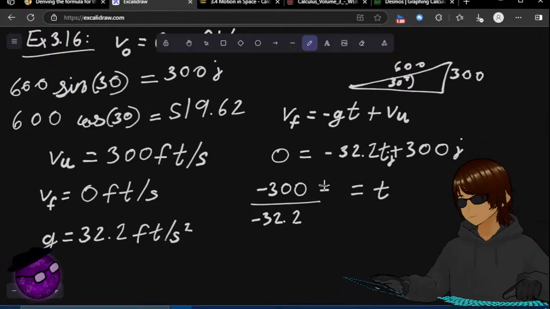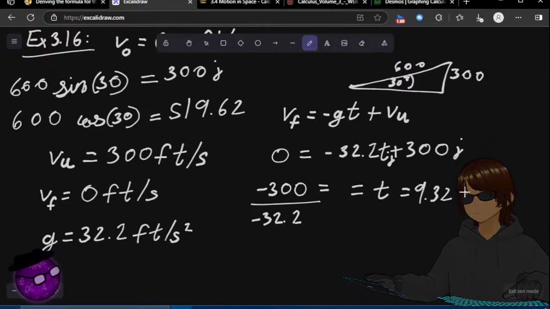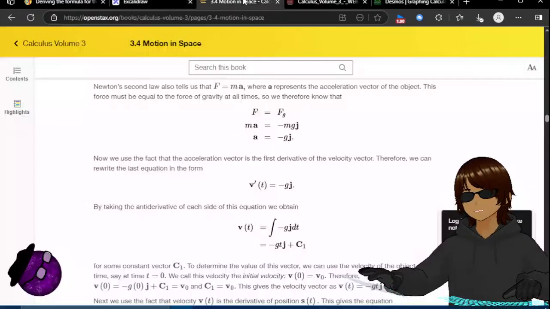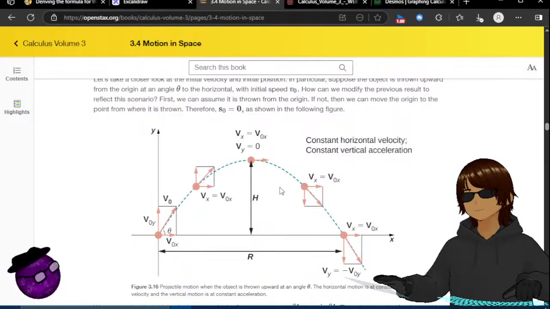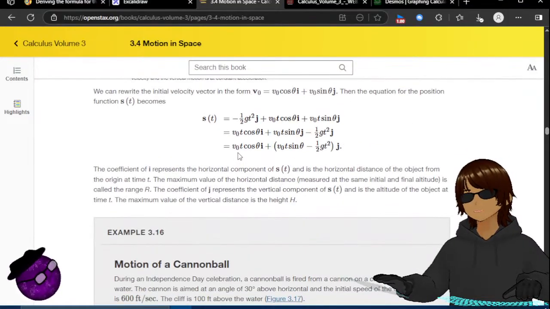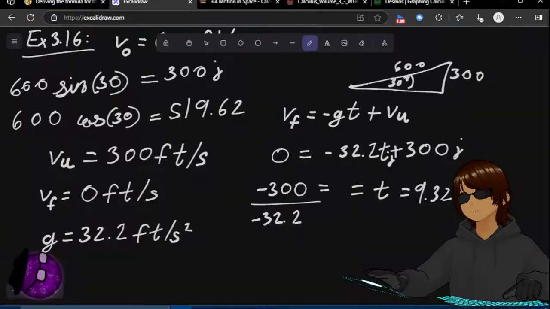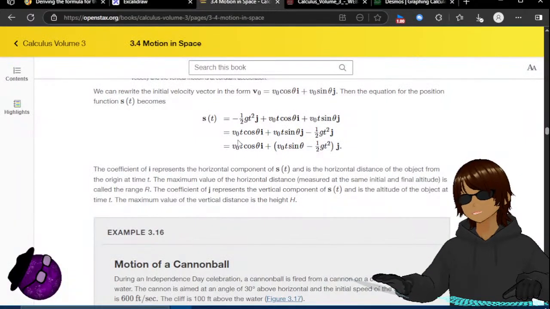This is 9.316. Let's say 9.32 seconds. And then I can plug in initial velocity and then 9.32 over here.